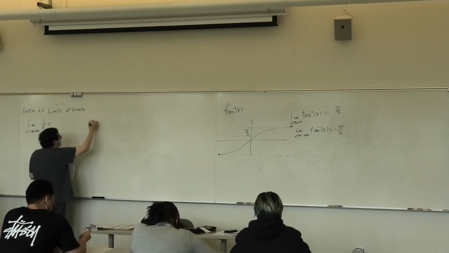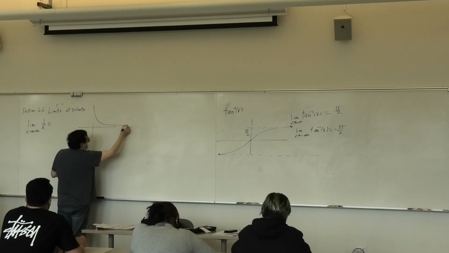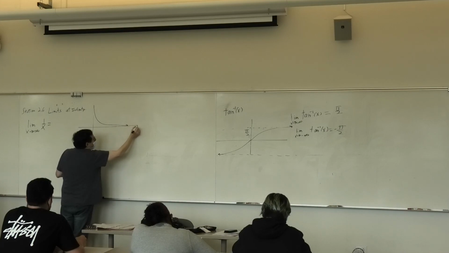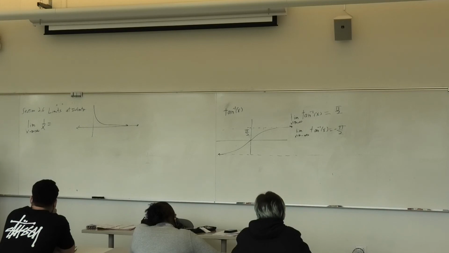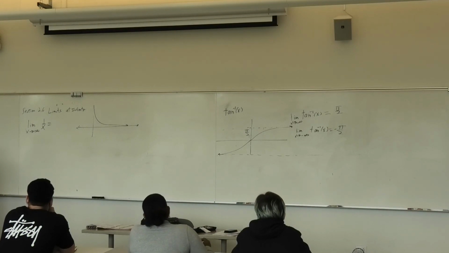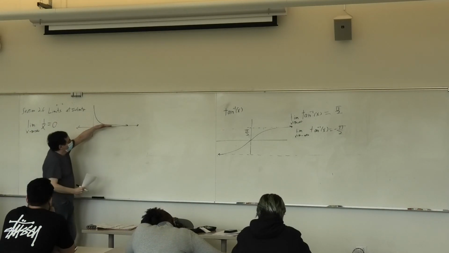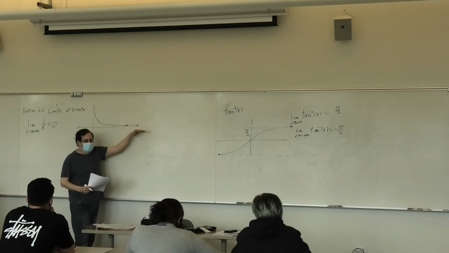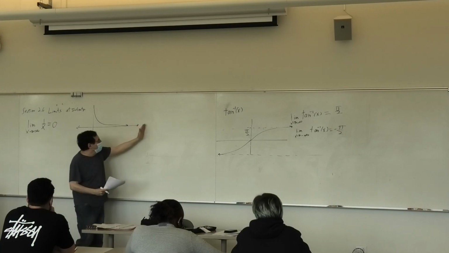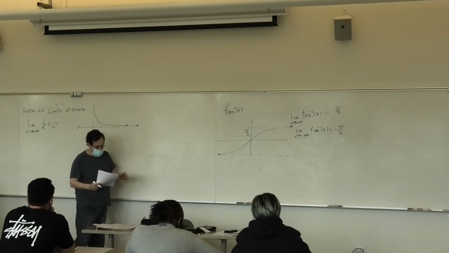What does that look like? 1 over x looks like this. Is it obvious what this limit is here? 0. Sure. Because we never reach 0. The further we go, the closer we get. We can always pick an x that gets us as close as we want from then on.